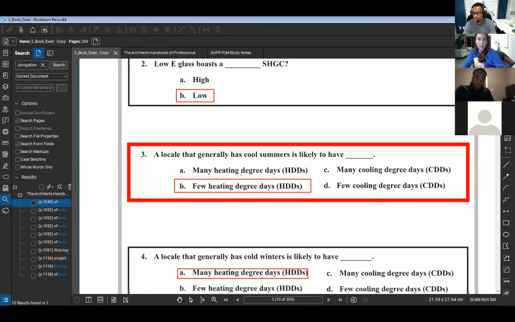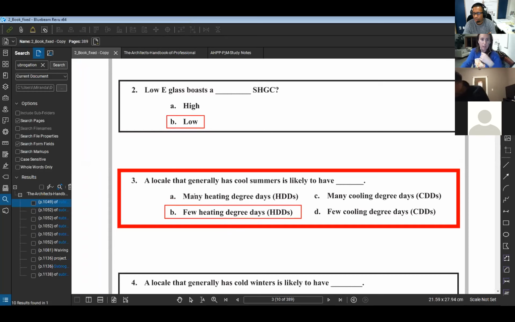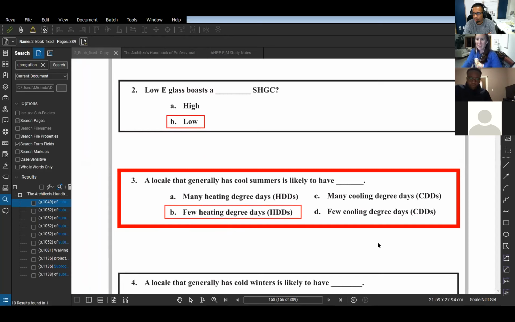So this question I got wrong. A locale that generally has cool summers is likely to have what? Anybody can guess.